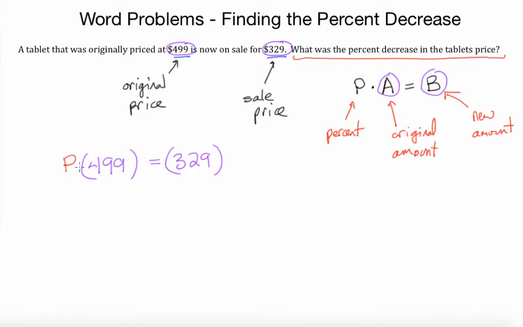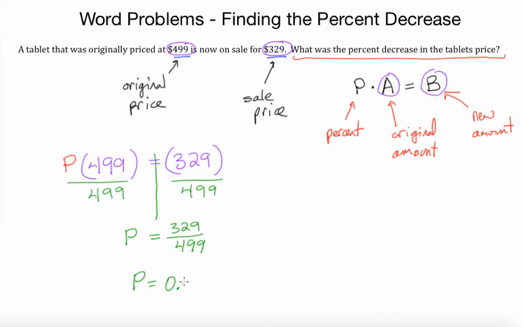To solve for P, right now it's P times $499. I need to divide both sides by $499. So my percent P should equal whatever 329 divided by 499 is. And if I calculate that out, I get P equals, rounding to the nearest hundredth, 0.66. Okay, what does that mean?